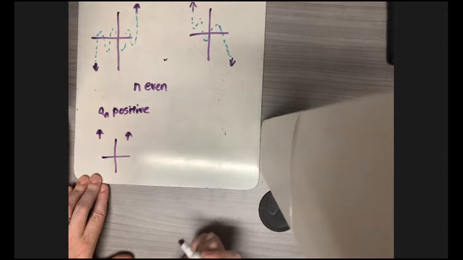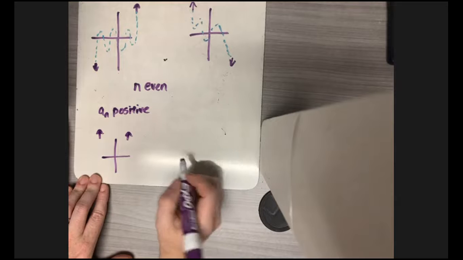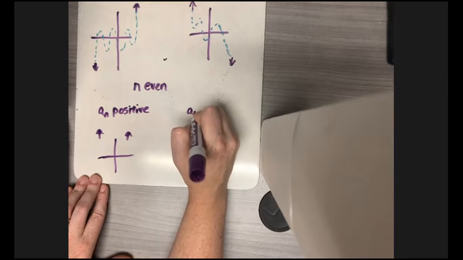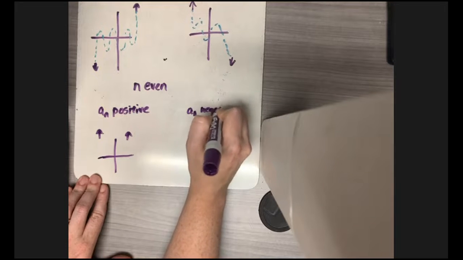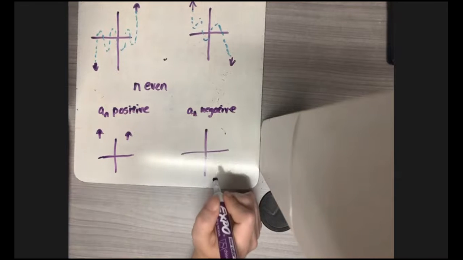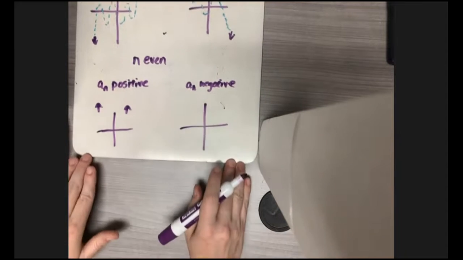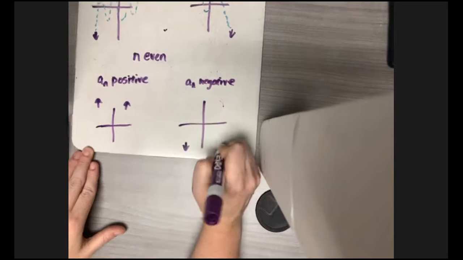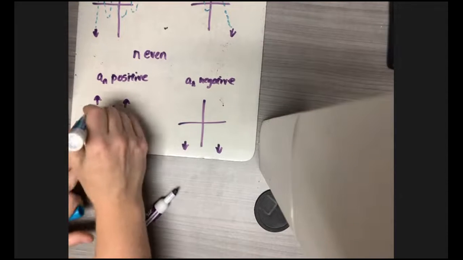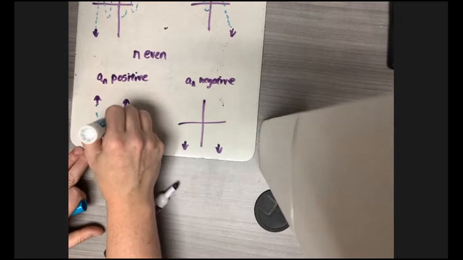And so the same thing happens on the rest of our polynomials, okay? So we have this. Now, if it's negative, then the same way that we had on a quadratic that made it open upside down, that means both ends are down, okay?